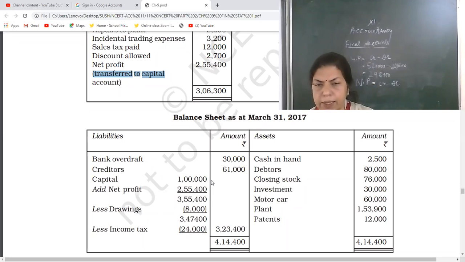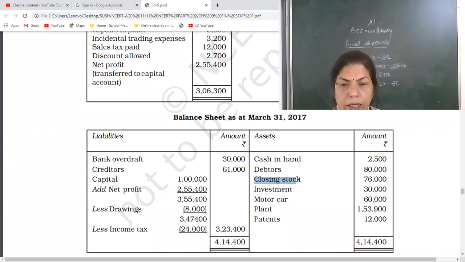Now come to the asset side. Cash in hand, debtors, closing stock, investment, motor car, plant, patent. See, closing stock we are writing here only in assets. Why? Because closing stock is given in the trial balance.